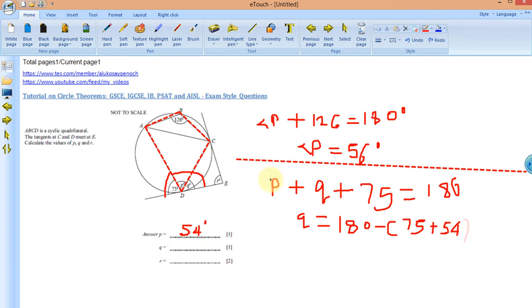Better still, you can just add them, 54 plus 75, then take the answer away from 180 degrees. 54 plus 75 gives me 129. So 180 minus 129 gives 51 degrees. So Q is 51 degrees.